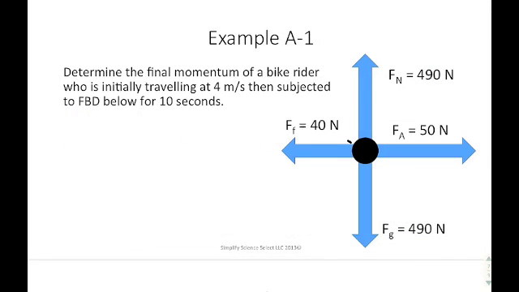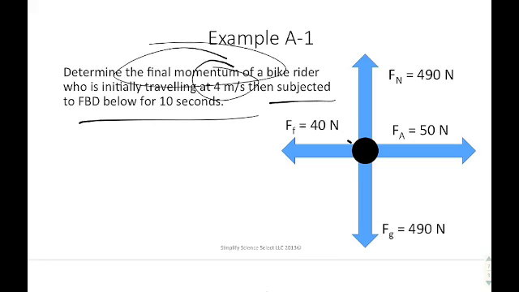This first example says, determine the final momentum of a bike rider who is initially traveling at 4 meters per second, then subjected to the free body diagram below for 10 seconds. The first thing we want to say is that if I'm trying to solve for the final momentum, it is going to be the mass at the final and the velocity at the final. Those are the two things I need in order to make this work.